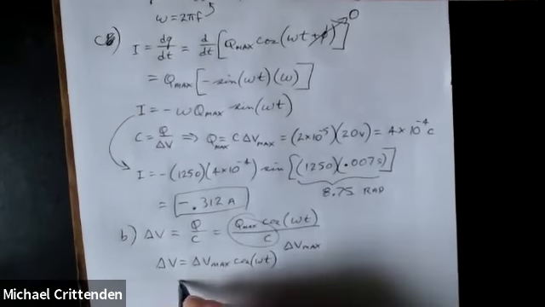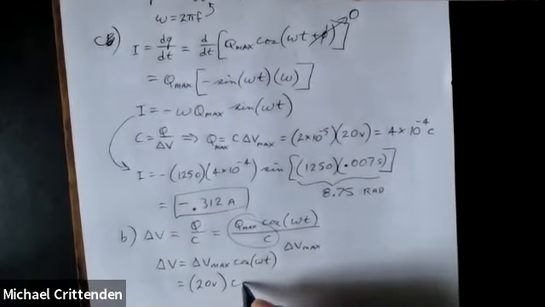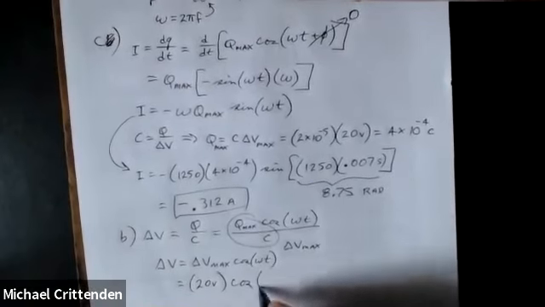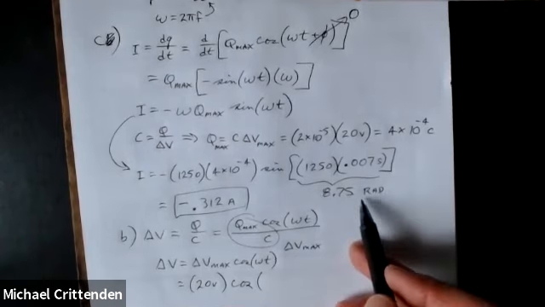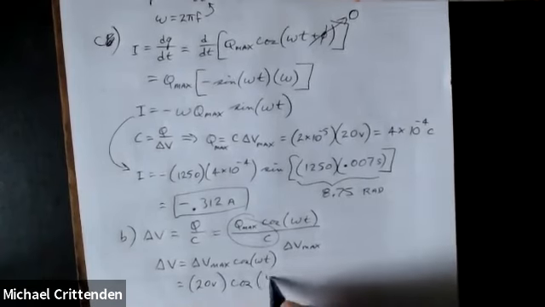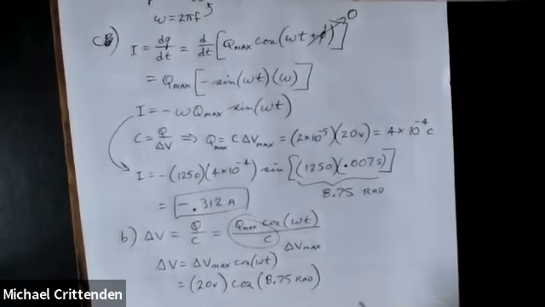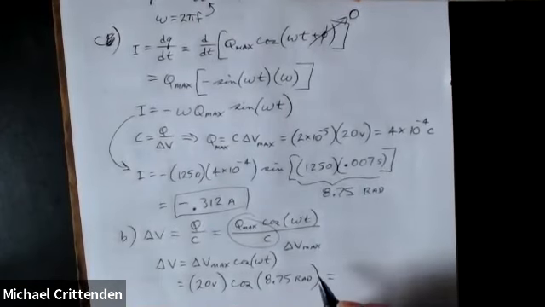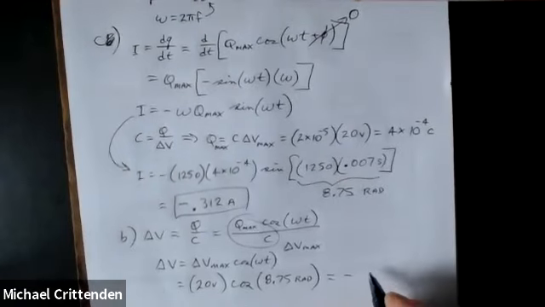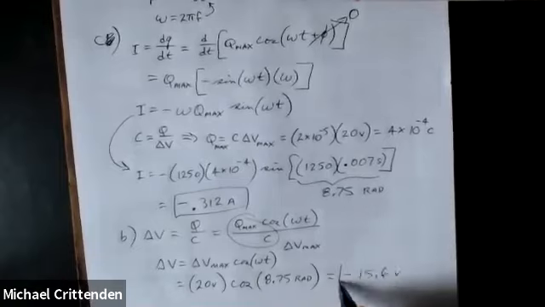Of course, omega t is still equal to the same omega t that we had over here, 8.75 radians. And so you punch that up, and negative 15.6 volts.